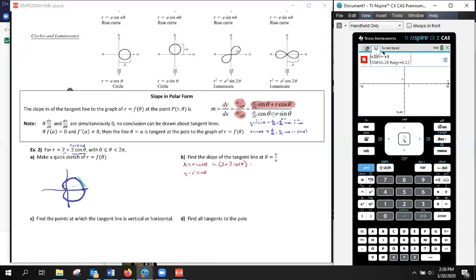I'm doing more than I need to. I was pausing there for a moment. I'm doing more than I need to because this is really if I want to find the equation of the tangent line, not just the slope.